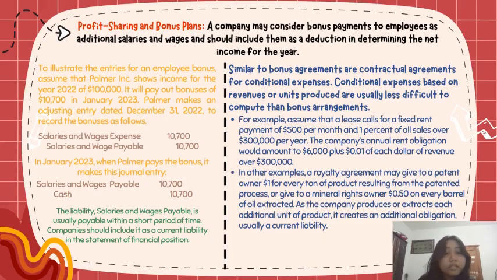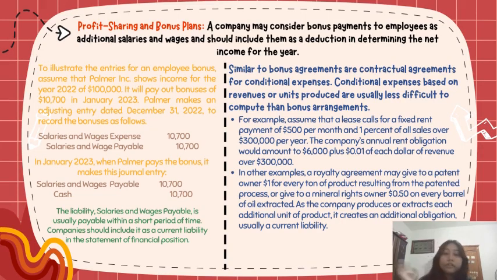Assume that a lease calls for a fixed rent payment of $500 per month, and 1% of all sales over $300,000 per year. The company's annual rent obligation would amount to $6,000 plus $0.01 for each dollar of revenue over $300,000.